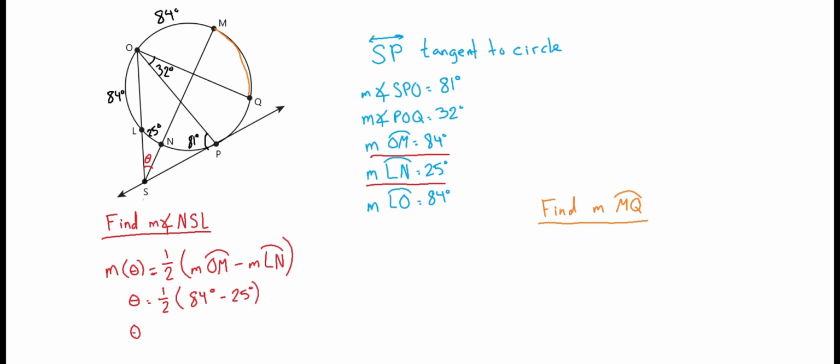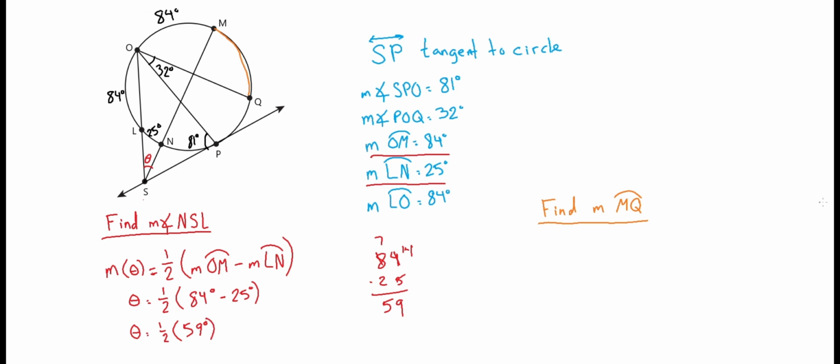So theta equals 1/2 of 84 minus 25. Let's see here, 84 minus 25. 14 minus 5 is 9, 7 minus 2 is 5. So this would be 59 degrees.